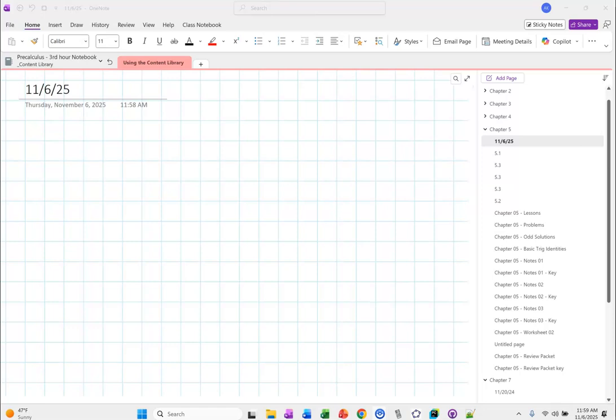There you go. So what we're going to be talking about today, and for chapter 5, are these trig identities.